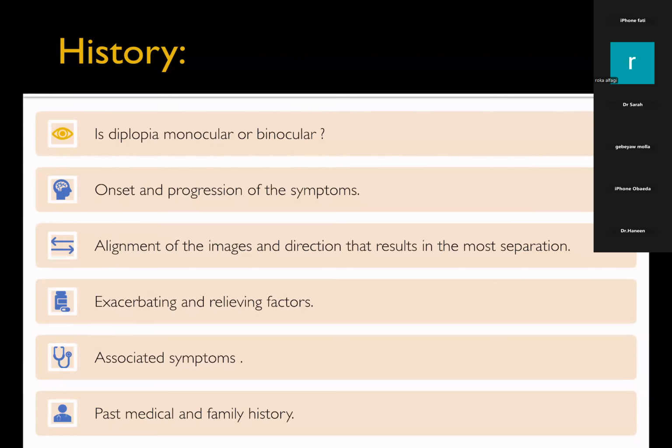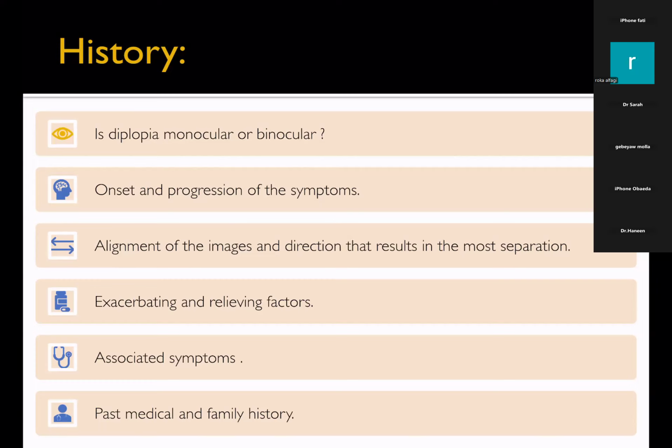If the diplopia is more in near position or for far, we have to look carefully which muscle is really involved in this diplopia, which gives us a hint about the cause or the accurate nerve that is possibly involved in the cause of diplopia.